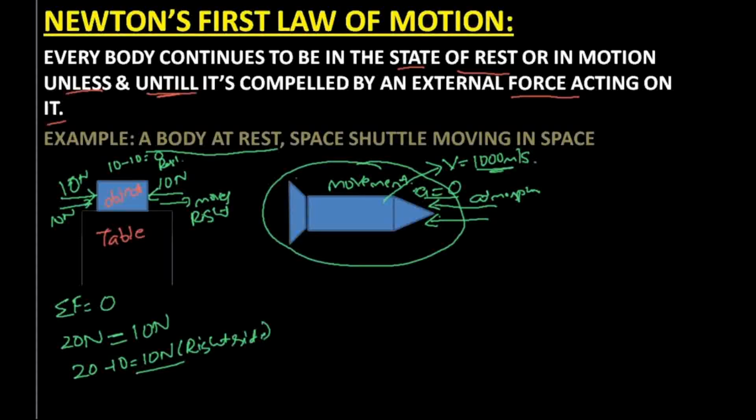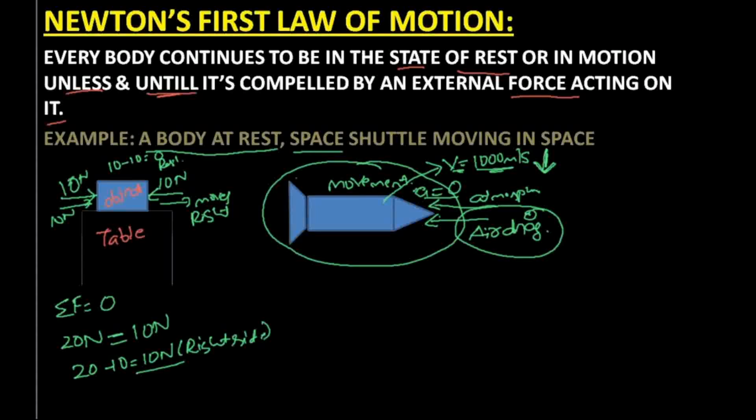When there is air drag or resistance in the opposite direction, there will be a change in the movement. The velocity gets reduced because of the air drag. So this is what Newton's first law says.